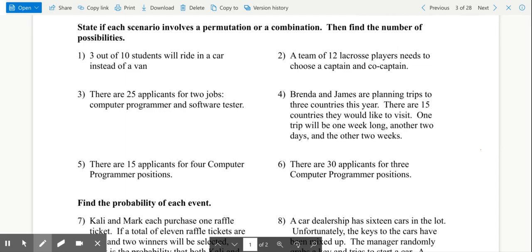For example, if I just had a group of 12 people and 6 of them were going to get to play that day, then order wouldn't matter. Those 6 people would get to play no matter which order I picked them in. But in this case, the first person I pick is going to be captain, the second person I pick is going to be co-captain. The order matters. So this is going to be permutation.